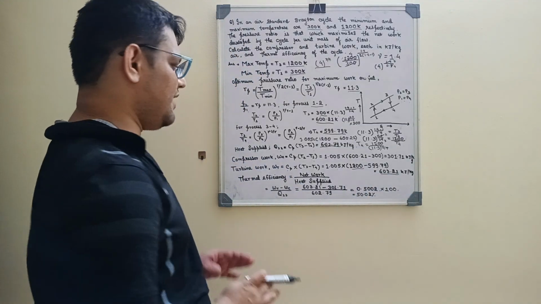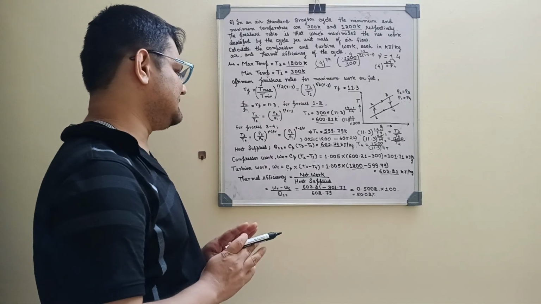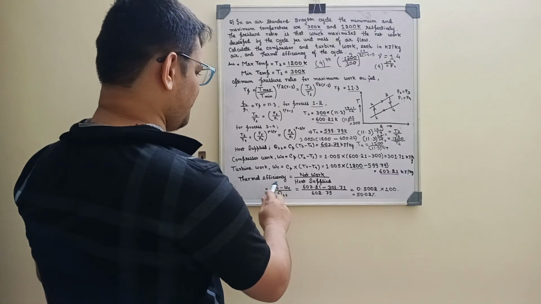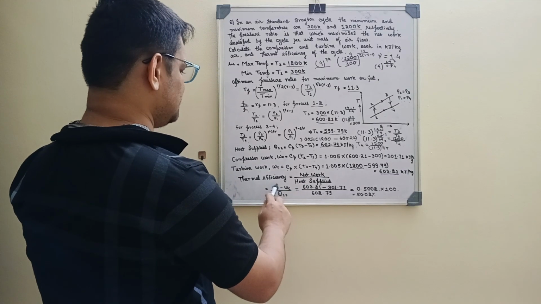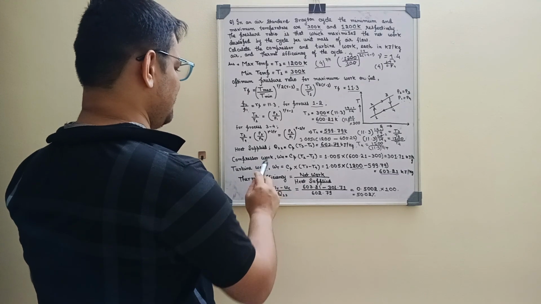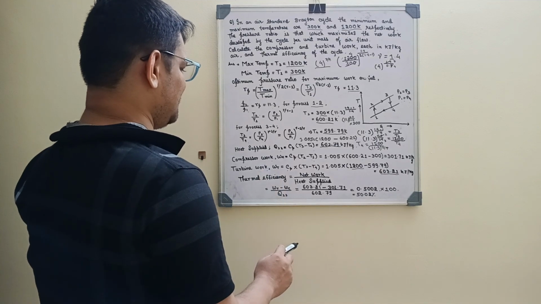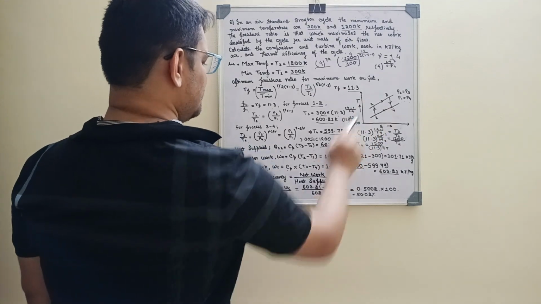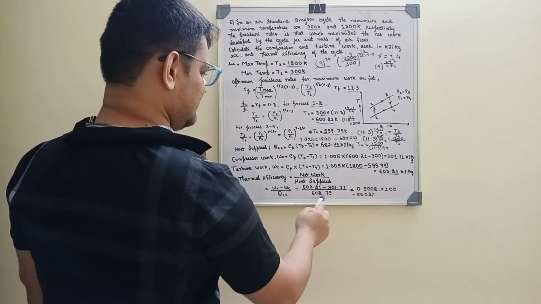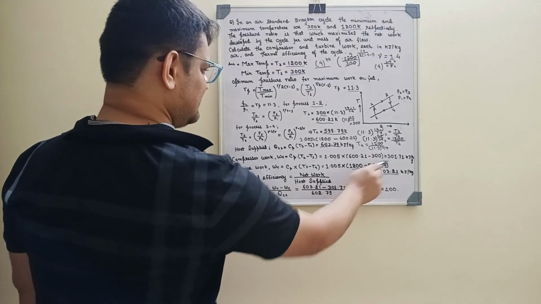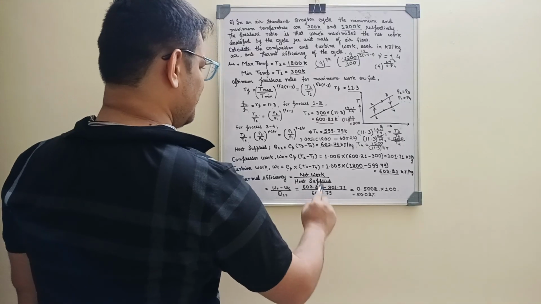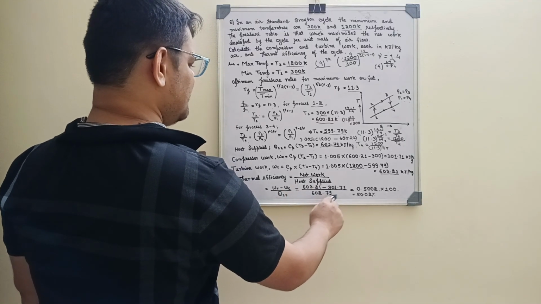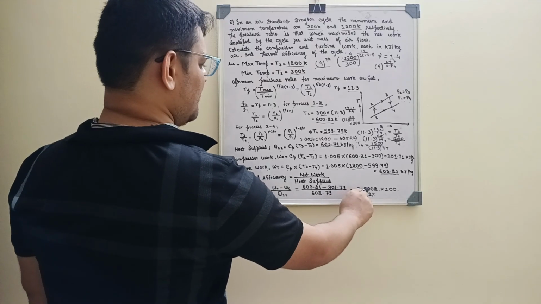Now finally we have to find the thermal efficiency, that is the net work done divided by the heat supplied. This is the formula. Net work done means WT, the work done by the turbine, minus the compressor work done by the compressor, divided by the heat supplied in process 2 3, which we have already calculated. So 603.21 minus 301.71 divided by Q23, that is 602.79, we get 0.5002.